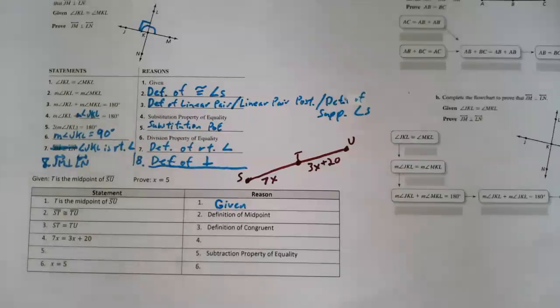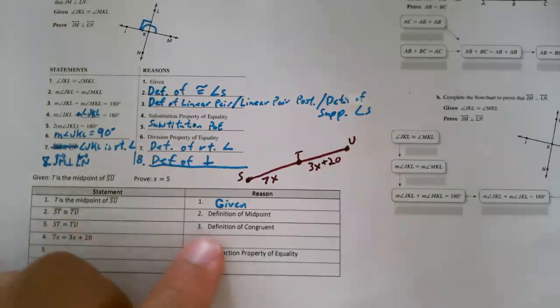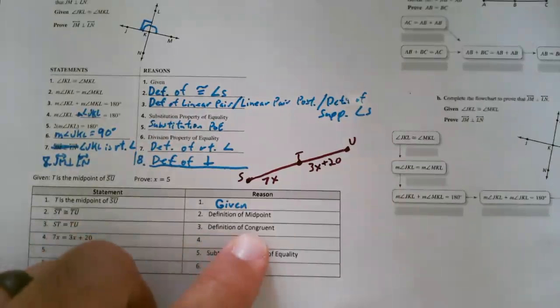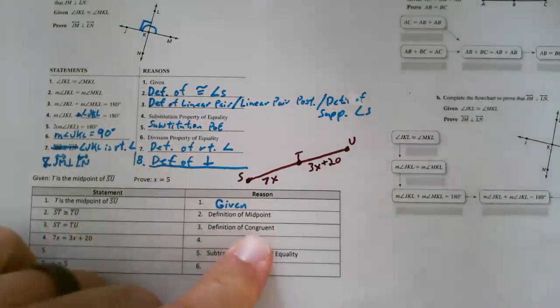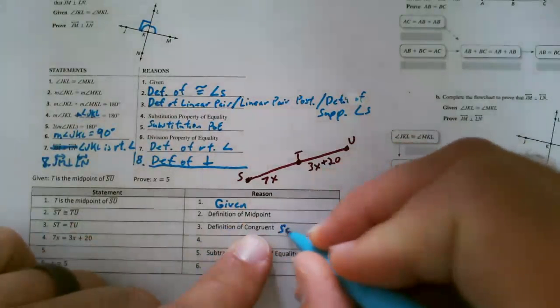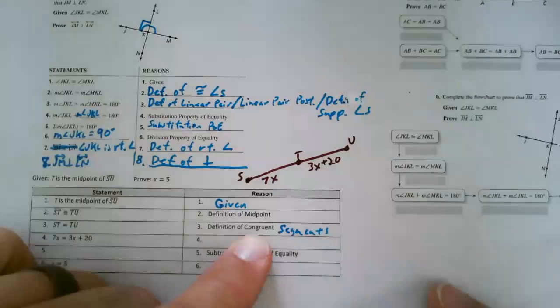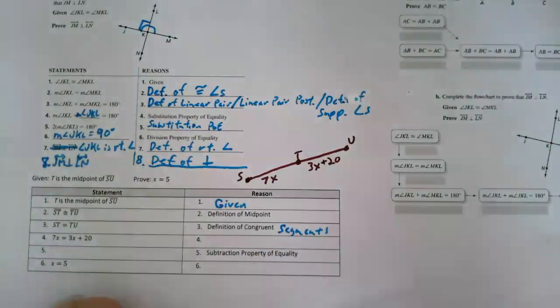Then, once we know we have congruent parts, we're able to say that their measures are the same. So we have these two are congruent, so their lengths are equal. Over here, they have definition of congruent. All right. If you want to be more specific, you could have said definition of congruent segments, to be a little more accurate.